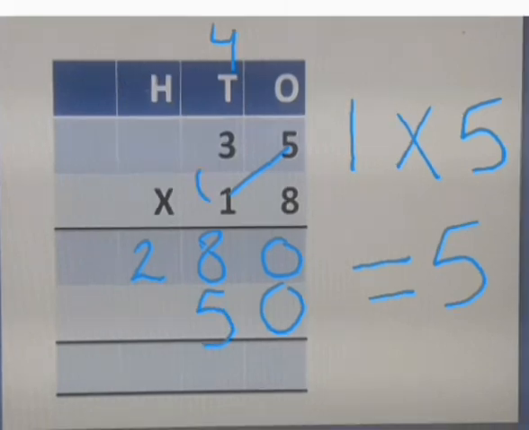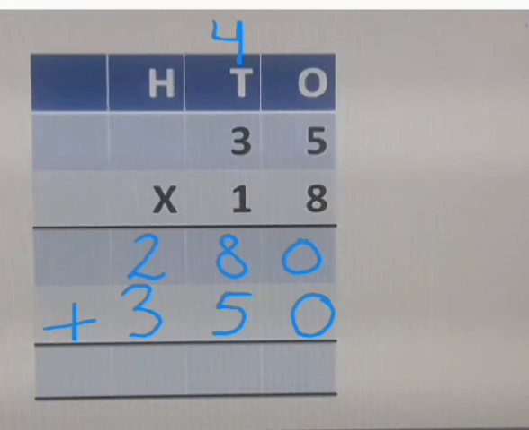Now when we multiply 1 by 3, the answer will be 3 only. So we will write down 3 under the hundreds column. Now in the end, children, we will add the products to find the final answer.